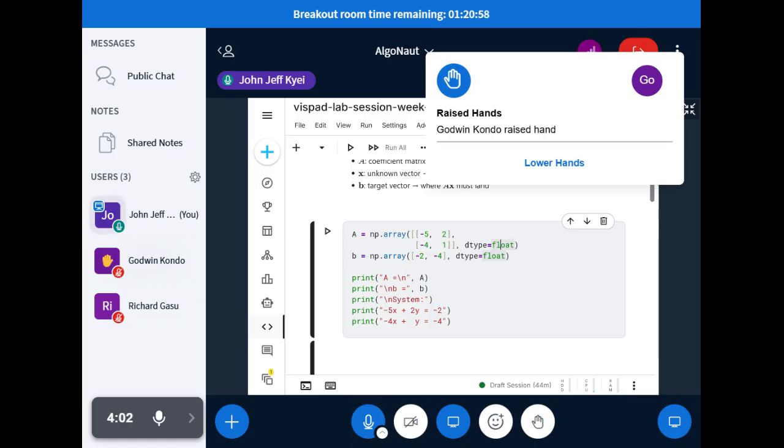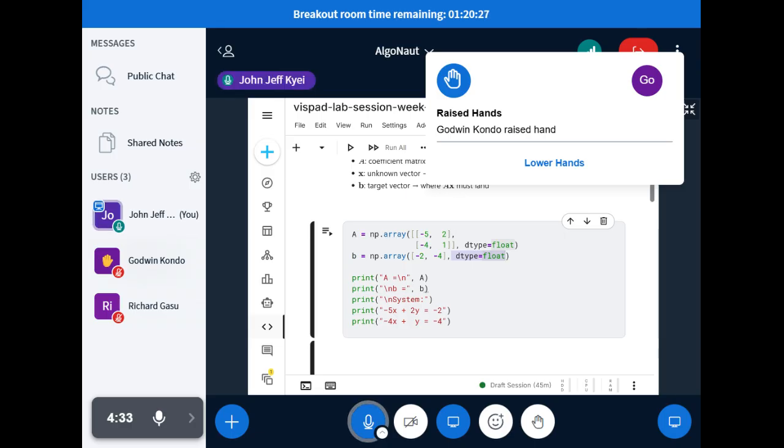We also define the vector b, which is -2 and -4. This is just defining our parameters.